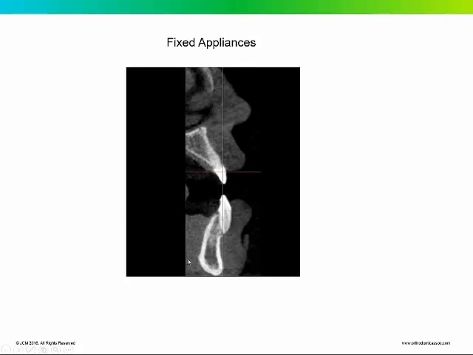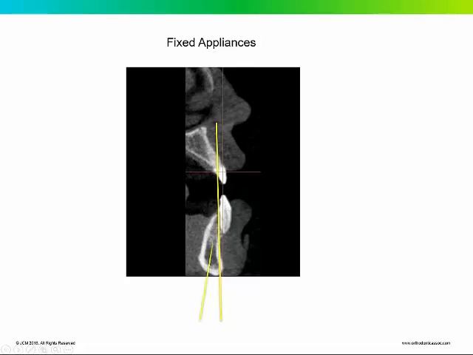So once you know this information, it's fairly easy to figure out how much torque you need on that tooth. I used lingual appliances, and this line represents the long axis of the tooth, and it intersects the center of the bracket slot. The bracket slot's on the lingual because these are lingual brackets.